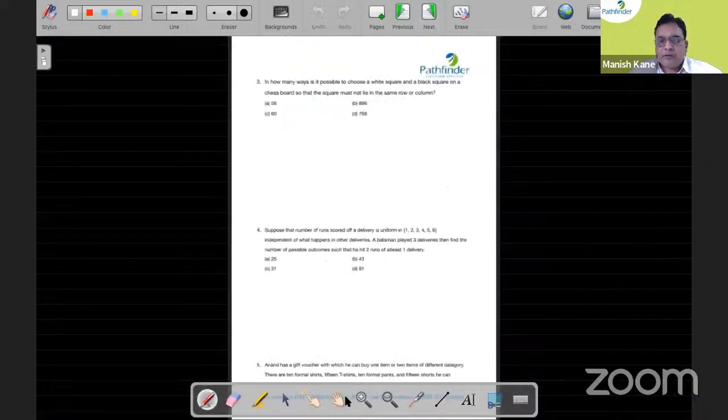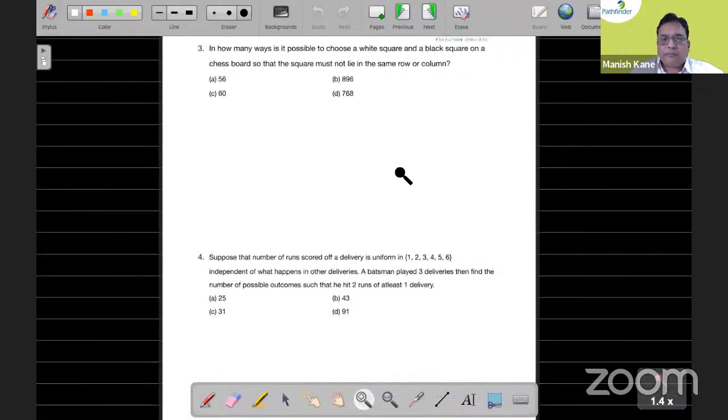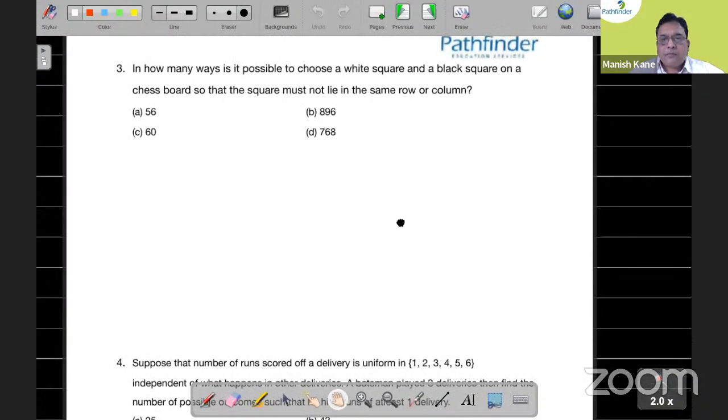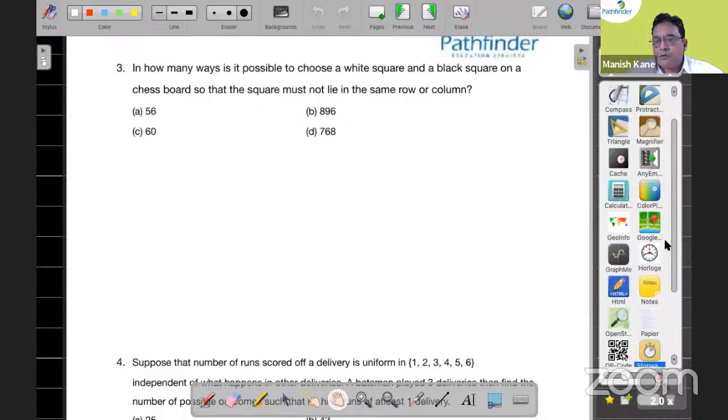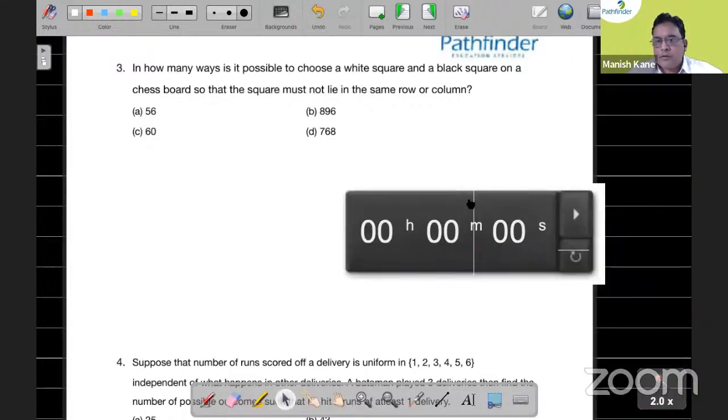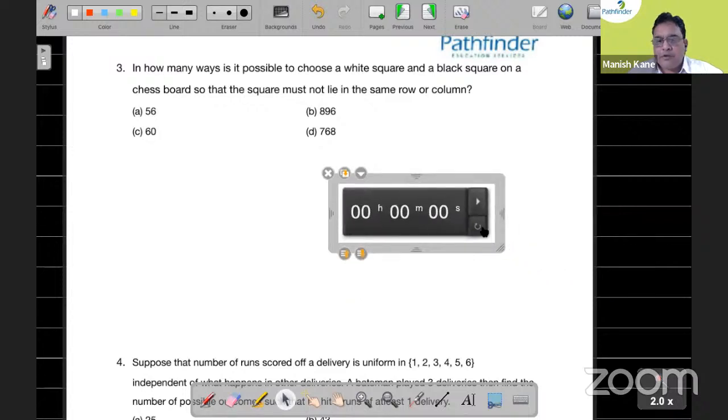Next question. And now this is a beautiful question. I hope all of you are familiar with squares. I can give you 2.5 minutes for this question.